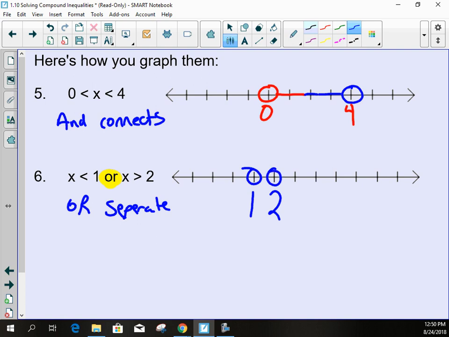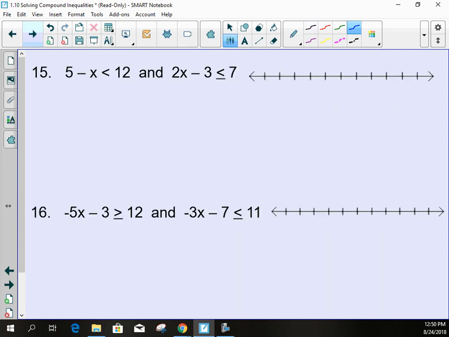Open. Now this is an or, so they go separate directions. That's all it is. If you don't see an or, they connect. If you see an or, they separate. Now, sometimes you will see an and. Look here. Number 15 is an and. And means they what?